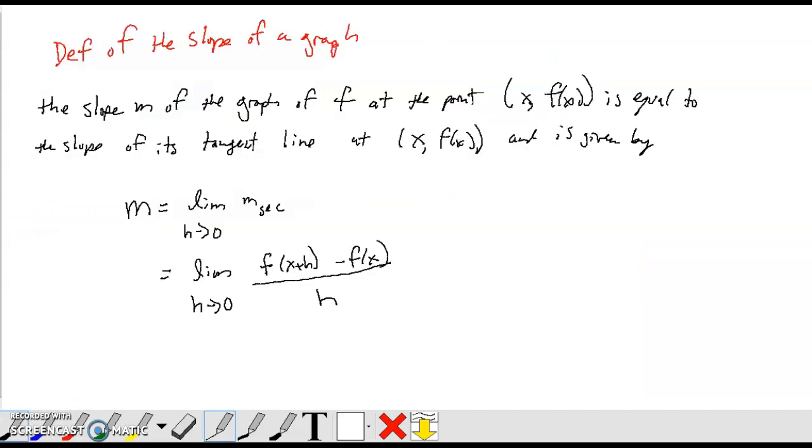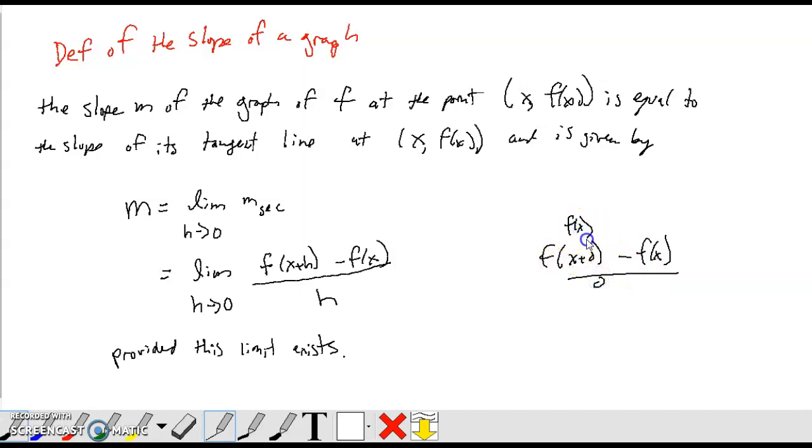Okay? And we should write this down. We should say provided this limit exists, right? So hopefully our limit does exist, because if you think about it right now, if I plug a 0 in for h, I'm going to get f of x plus 0 minus f of x, and then all over 0.